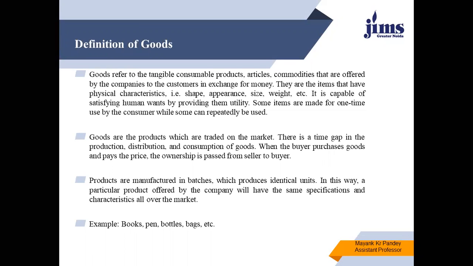Some items are made for one-time use by the consumer, while some are repeatedly used. Goods are the products which are traded on the market. There is a time gap in the production, distribution, and consumption of goods. When the buyer purchases goods and pays the price, the ownership is passed from seller to buyer.